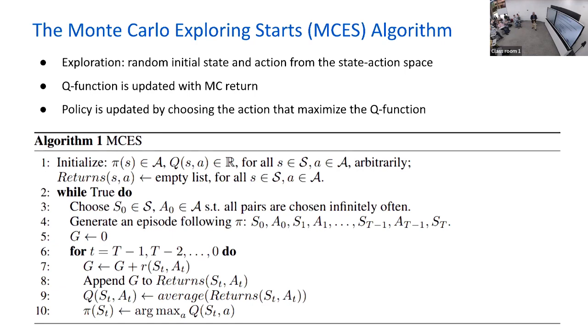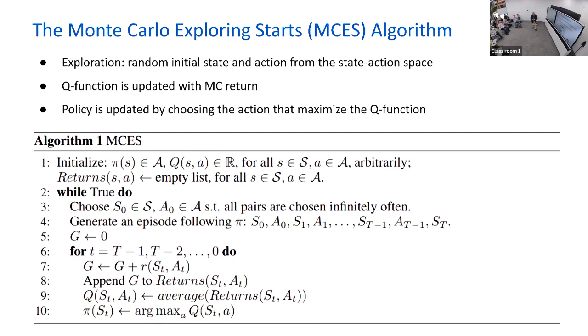After we run that episode, we get the returns, and we average them in with other returns that we saw previously from those same states to estimate our Q function.